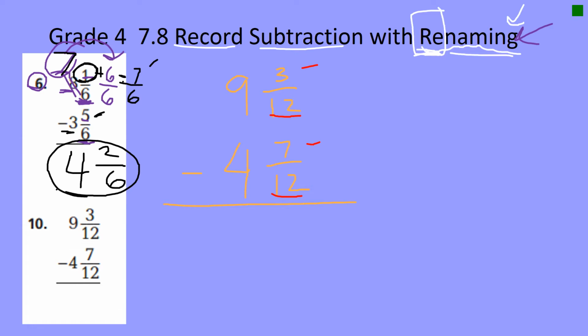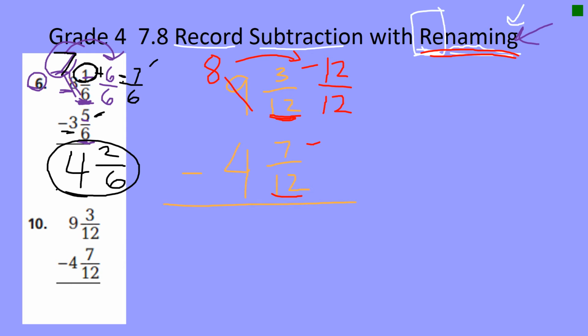I need more pieces. Goodbye, 9. I'm taking one whole thing, so that 9 now is only 8. And what am I doing with that one whole thing? I'm going to rename it over here. What's the same as one whole thing? You know what I'm going to write, right? We're dealing with 12ths, so it's 12/12.